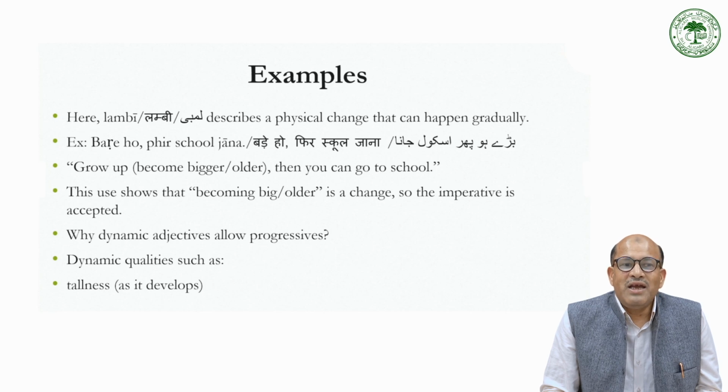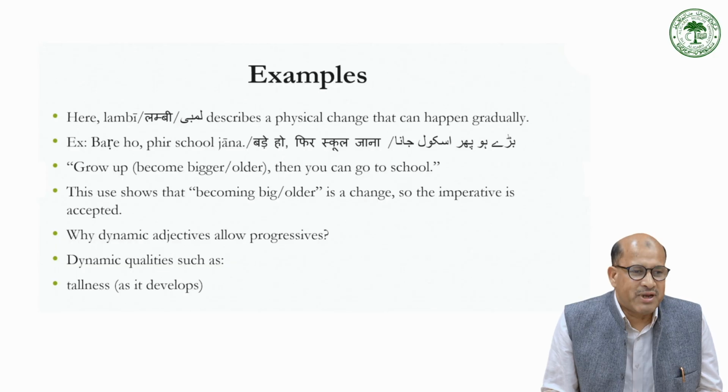So here lambi describes a physical change that can happen gradually. So lambi hona slowly. बड़े हो फिर स्कूल जाना. Grow up, the intention here is to say become bigger, then you can go to school. This shows that becoming big or older is a change, so the imperative is acceptable.